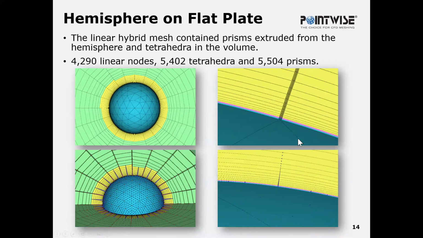If you look at the pictures on the right, zooming in to the cells very close to the hemisphere wall in the boundary layer mesh, you can see that the order of the elements increases to 3 and then 4. But again, you can see the nice curved nature of the mesh that's shown here as well.